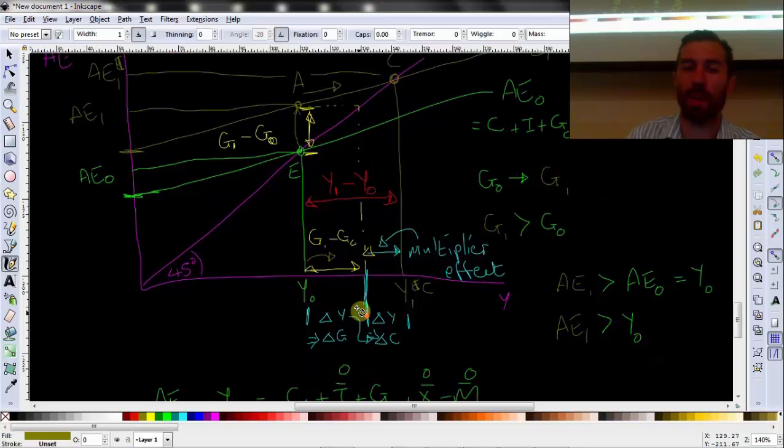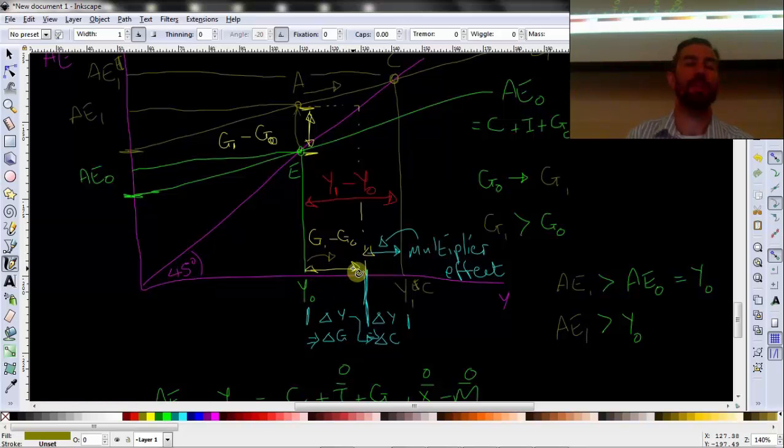So this change in output is to match our change in government spending. We need that much more output in order to balance the books, so to speak. In other words, we must increase output to match the increase in government spending. That is this yellow distance here.